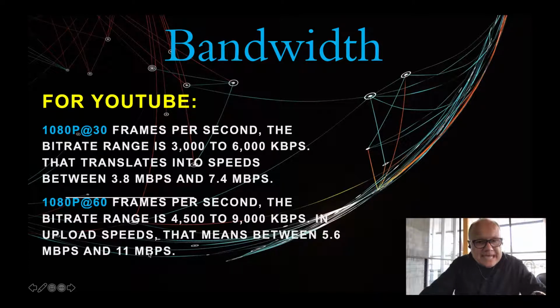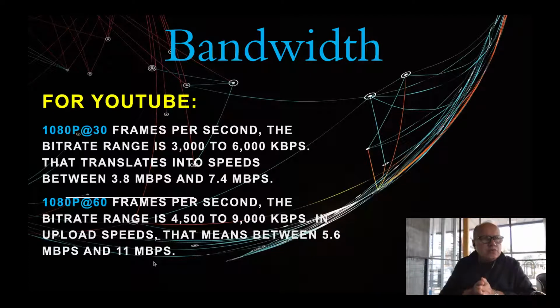Most people are not able to support 11 megabits per second. Most ISPs do not give you the upload speeds to support that type of signal. That's just the way it is, and that's for YouTube.